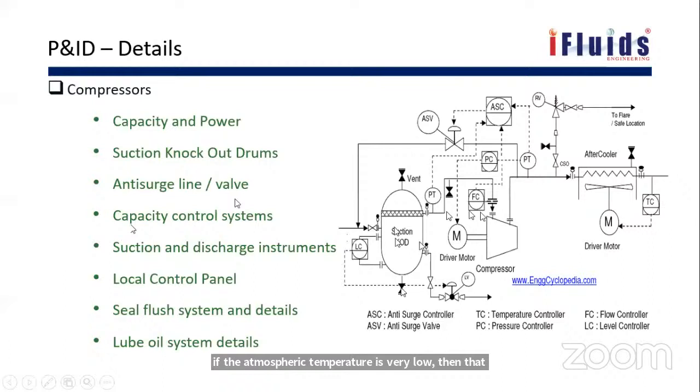So for that, we'll be giving winterizing protection, we'll be providing hot insulation, electrical tracing, steam tracing, which will be wound around the pipeline to keep it warm, to keep it hot. So these details are also clearly mentioned in the P&IDs.